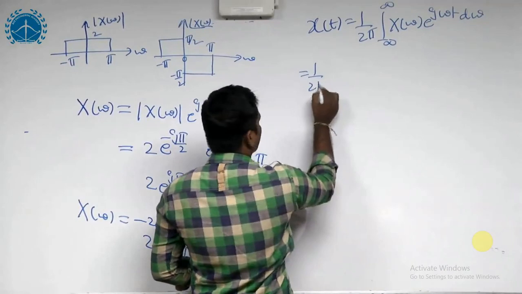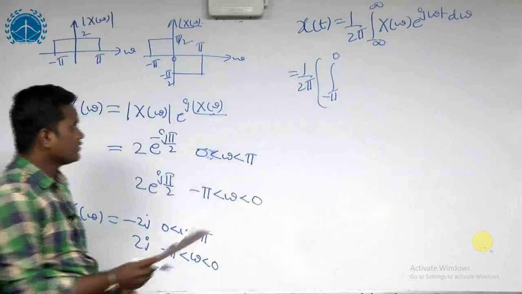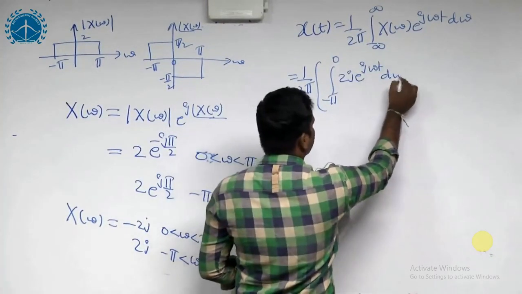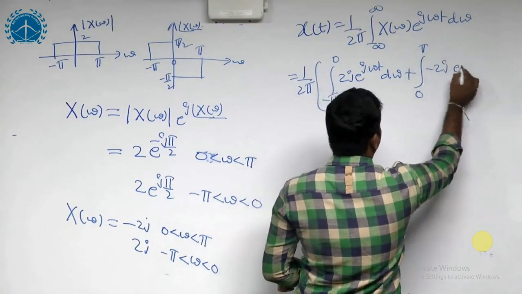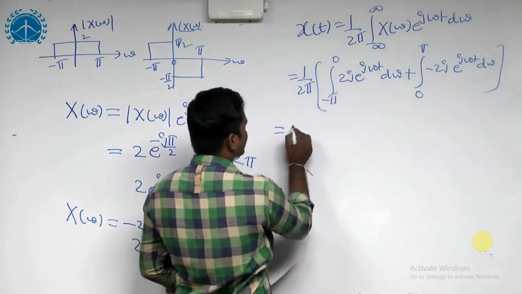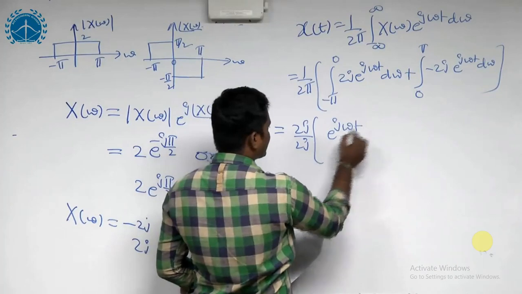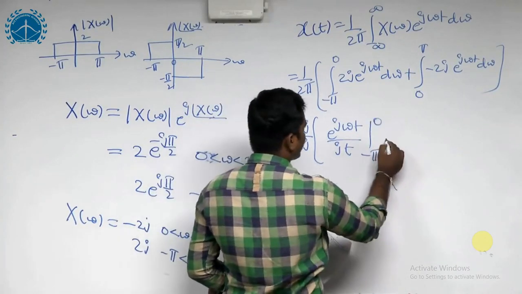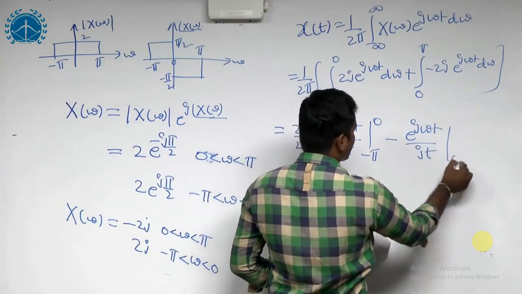Substitute 1 by 2 pi into integration minus pi to 0, the value is 2j, 2j e power j omega t d omega plus 0 to pi minus 2j e power j omega t d omega, that is equals to 2j by 2 pi into e power j omega t by jt. So limits are minus pi to 0 minus e power j omega t by jt 0 to pi.